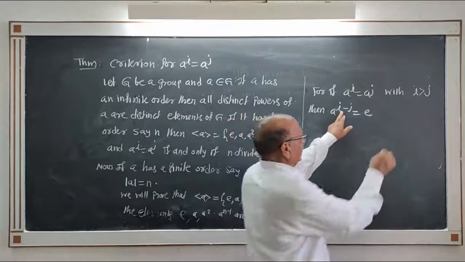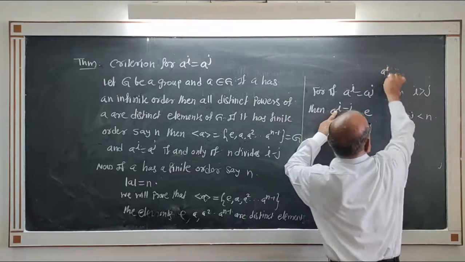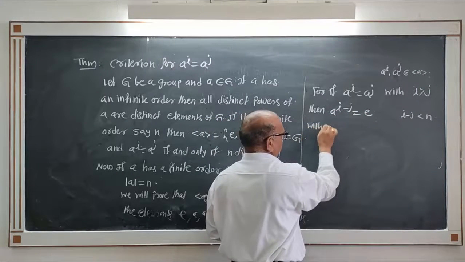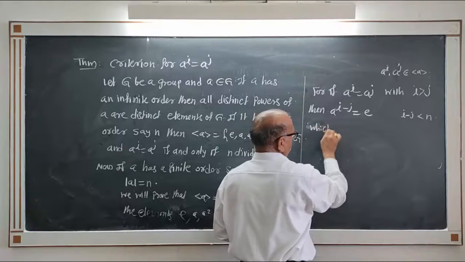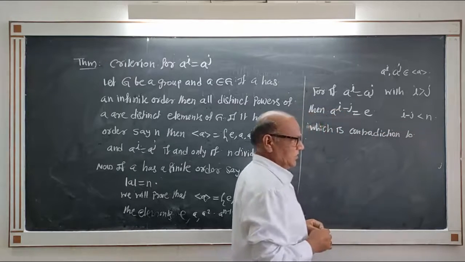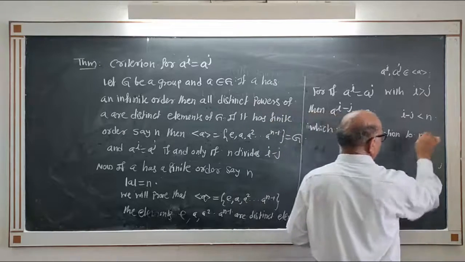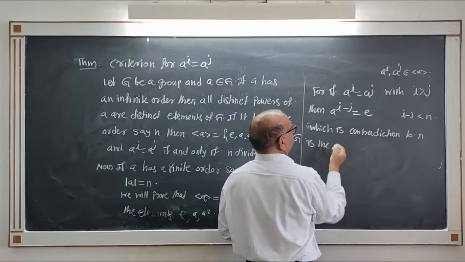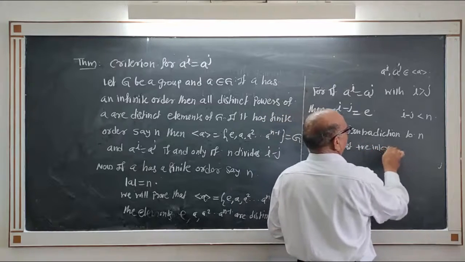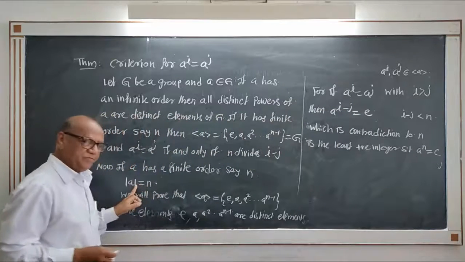See here clearly, I minus J is less than n, because A raised to I and A raised to J belong to this set, which is a contradiction to n being the least positive integer such that A raised to n is equal to E, because the order of A is n.